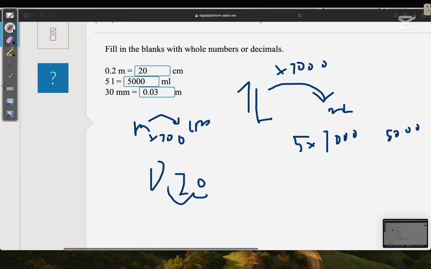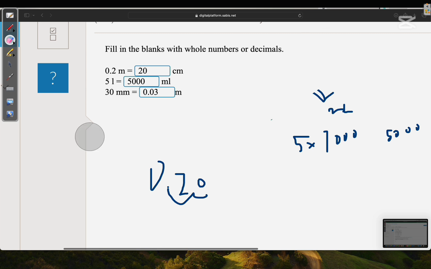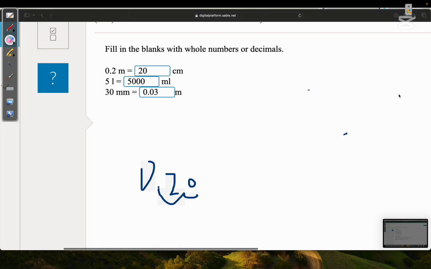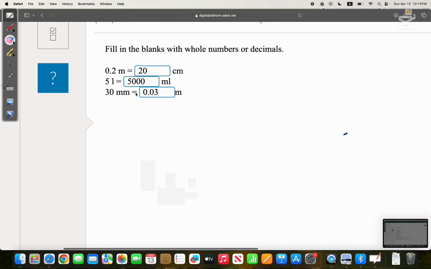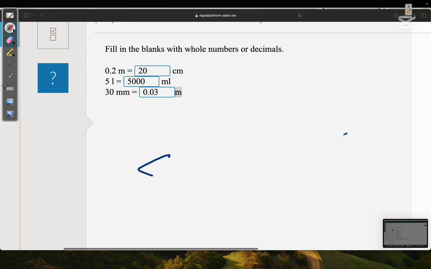Okay, so from 30 millimeters to meters. Let's think. Okay, so from millimeters to meters, we divide by 1,000.